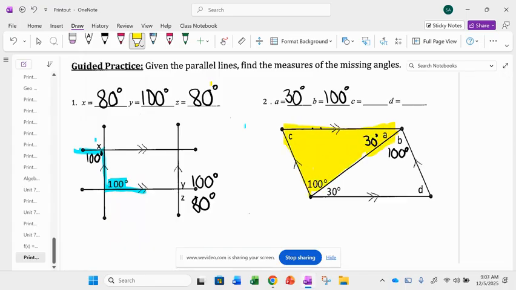Beautifully said. Do you guys see that this is a triangle right here? And all the angles in a triangle have to add up to what number? 180. So I have 100 and a 30. So that's 130. So I'm going to say 180 minus 130, which is 50 degrees. Yes, Jay. Oh, okay. 50 degrees. Is D also 50 degrees? Yeah.